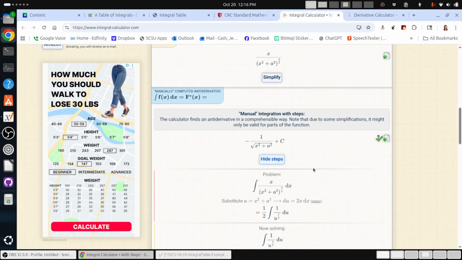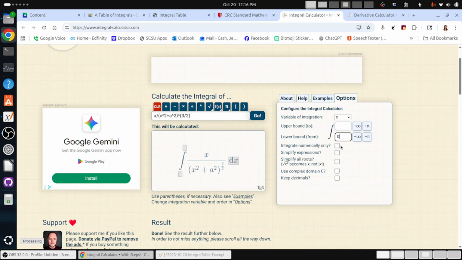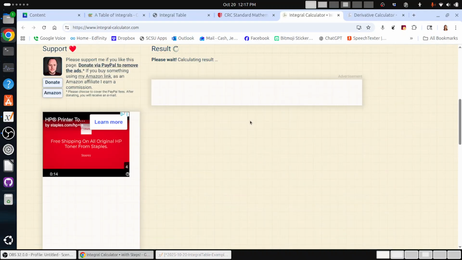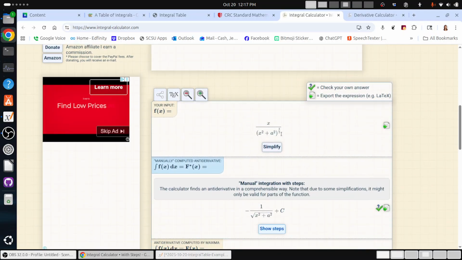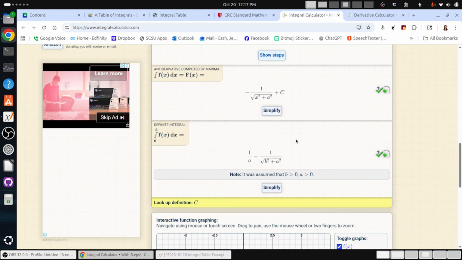If you're using the integral calculator, you could plug in and say, let's say I'm going from 0 up to b, where b is some other value in my system. When I hit go, it shows me again what my input is and what my final answer is.